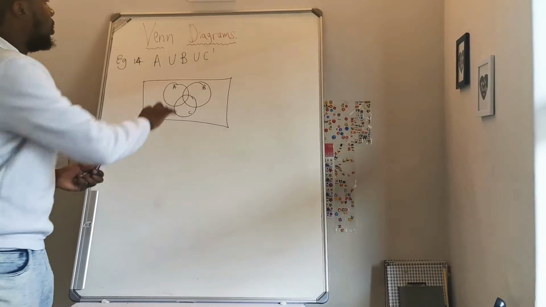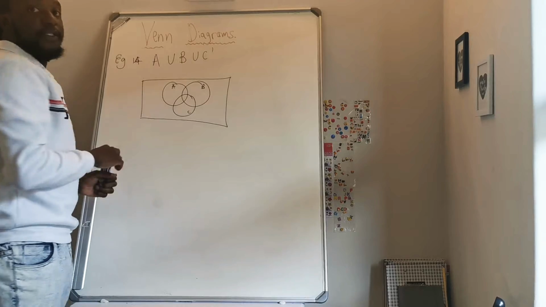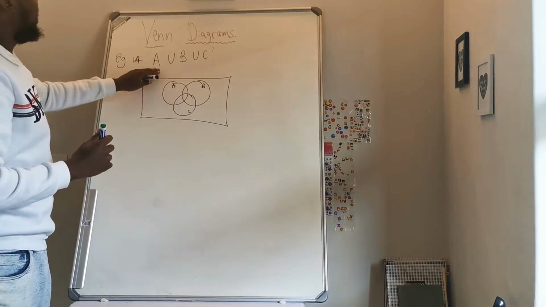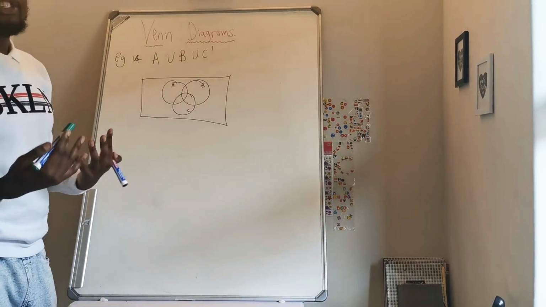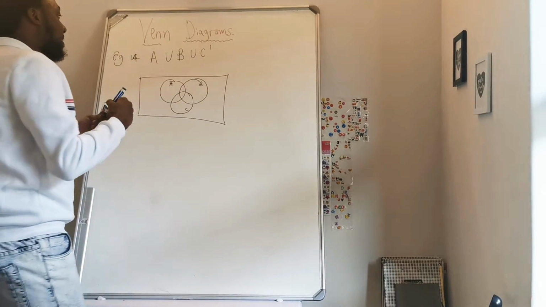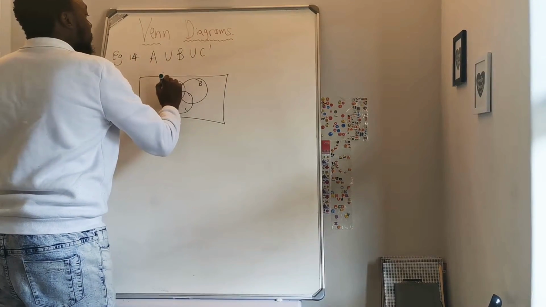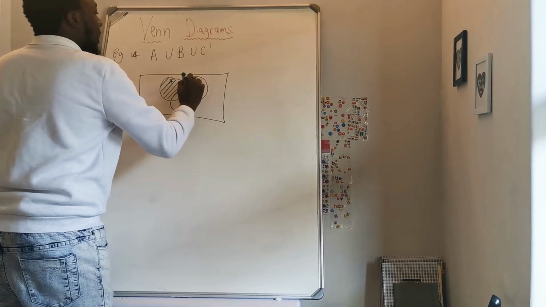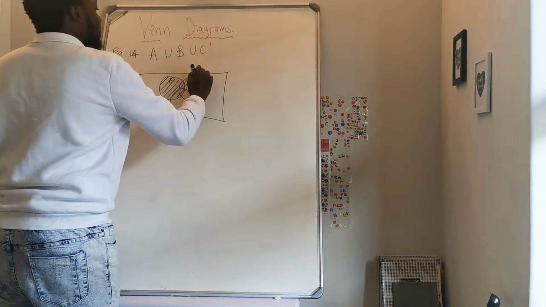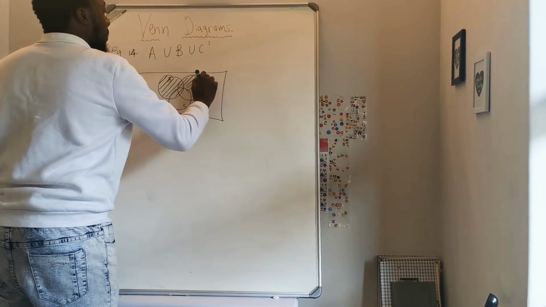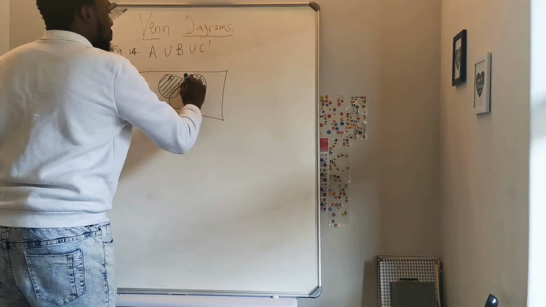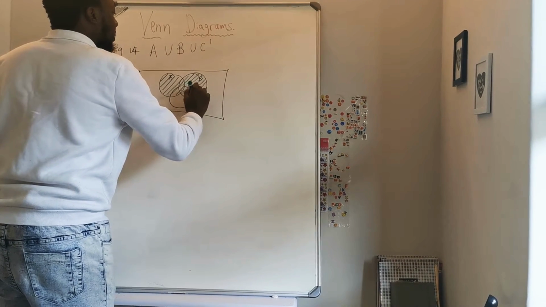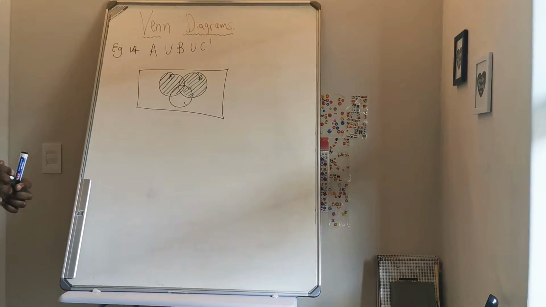And then you start by doing the first two. How do you draw A union with B? That just means you shade in everything that is A, and you shade in everything that's B. This includes the part that touches some of the C as well.